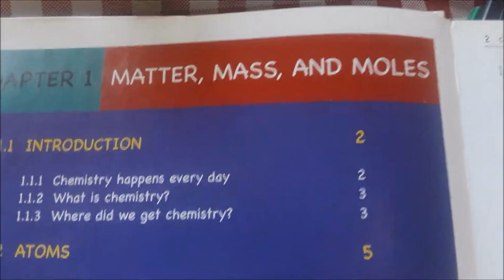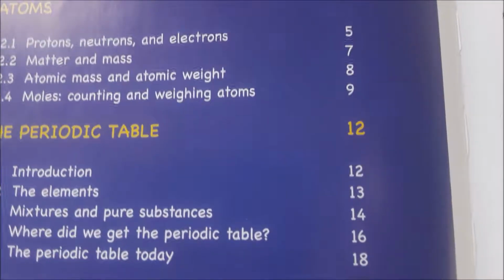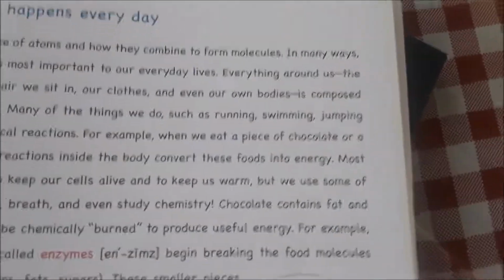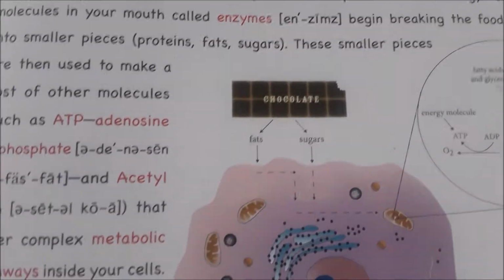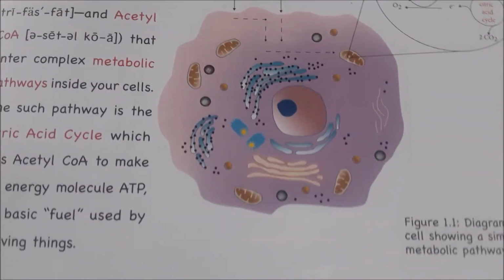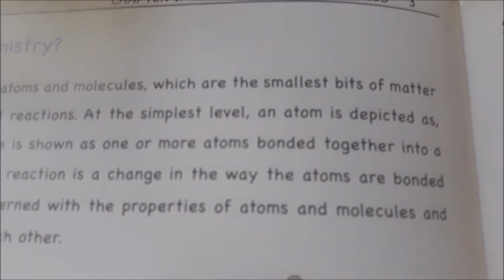Okay, so that was the table of contents, and this is how it's set up. We have chapter 1, matter, mass, and moles, and then you'll see what you need to do here. As you can see, it's colorful. All of the vocabulary is in red, which I love. That helps me to prepare. It's broken down into sections.